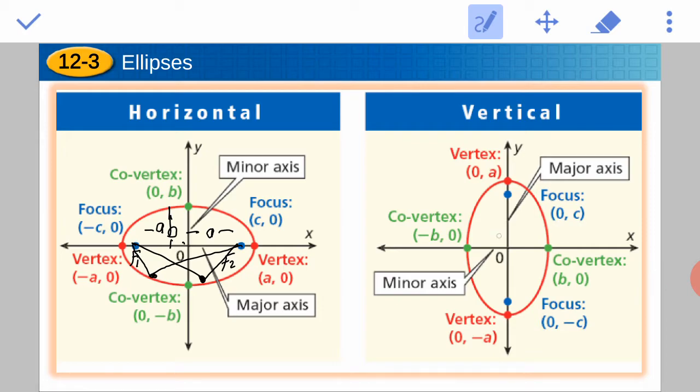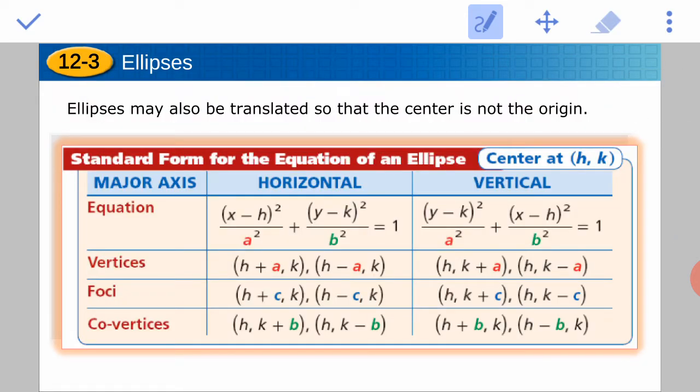Remember, this ellipse and that ellipse are centered at the origin (0, 0). But not every ellipse is centered at (0, 0). Some ellipses have a different center.